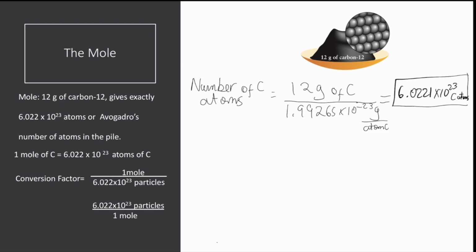So this number is also defined as Avogadro's number, or N sub A, and this is also the definition of a mole. 1 mole is 6.0221 times 10 to the 23rd of anything, but as a general term we put particles.